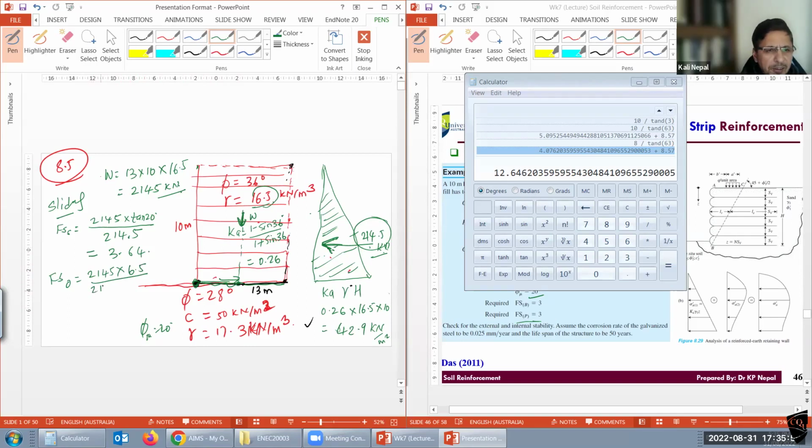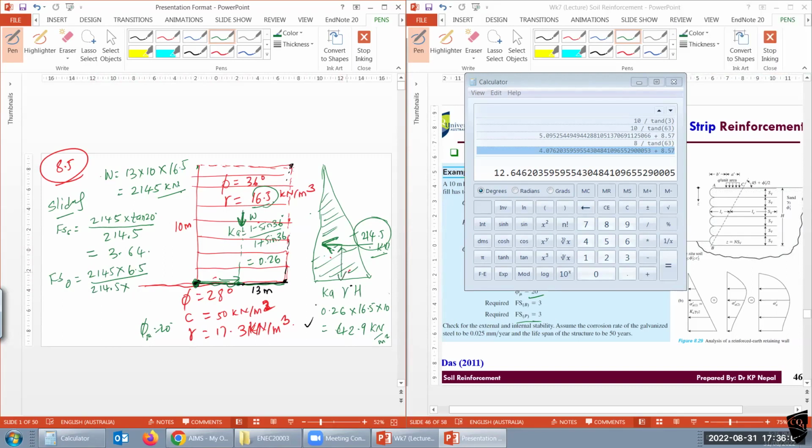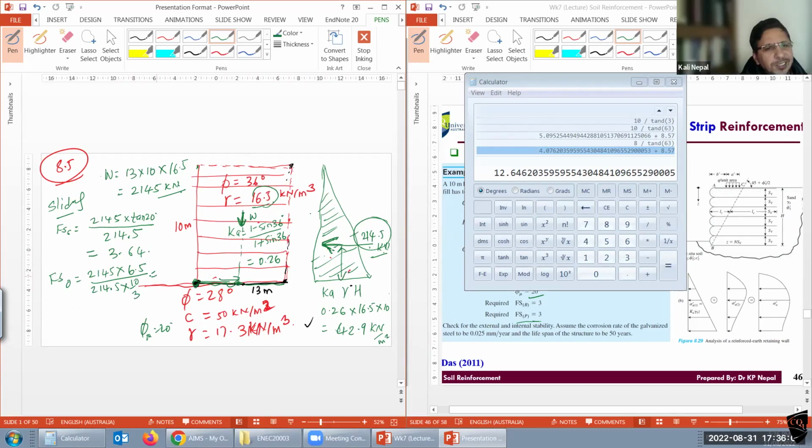So 214.5 times where it acts, one third of the 10, 10/3. It should be even. Good, it will not overturn. That's a 13-meter long wall. Come on, how much did you get?